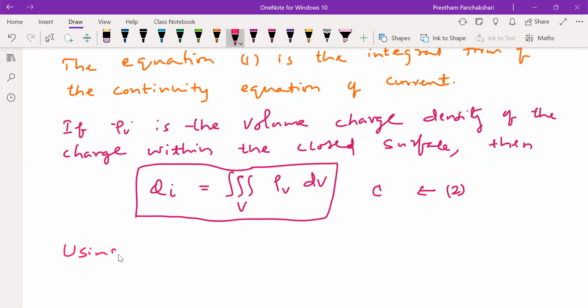Using equation 2 in equation 1, we get a useful representation.